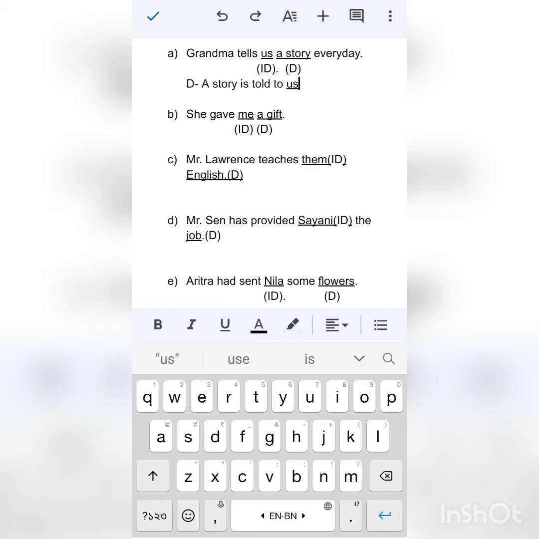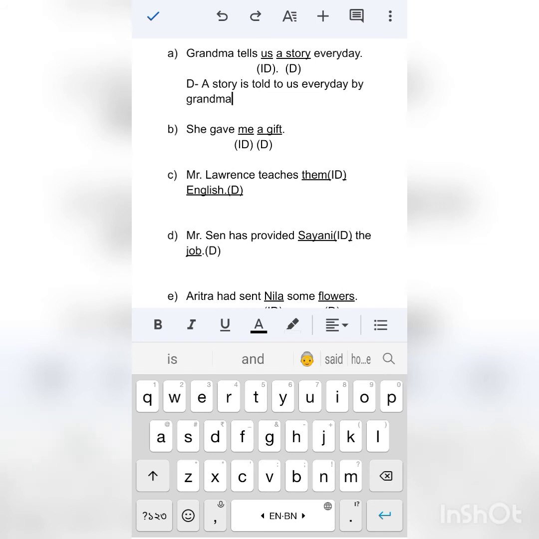So this is again a lesson to you all, that when we use the direct object, we have to use a to here, right in this place. A story is told to us, before the indirect object we have to use a to. In ditransitive voice change again, when we are using the direct object, we have to keep the indirect object in the answer, obviously we cannot remove that, and before it we have to use a to. You have to use that. Okay, a story is told to us every day, we can just use every day here, by grandma, right?